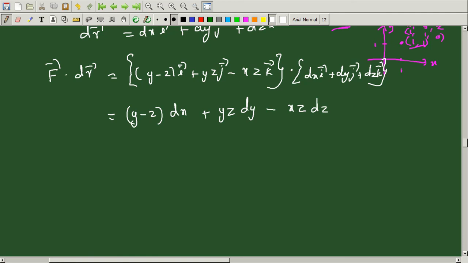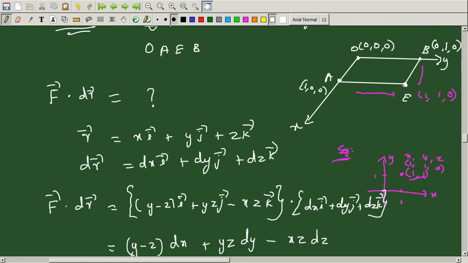Now we are going to frame the left side value exactly. The integral over C of F dot dr, you need to calculate all the line integrals separately. We start along OA, followed by AE, followed by EB and then back to O. Where you started at O, you have to end again at the origin.